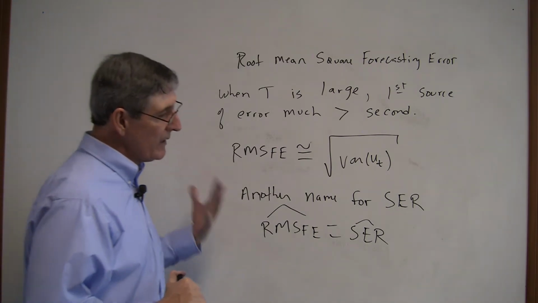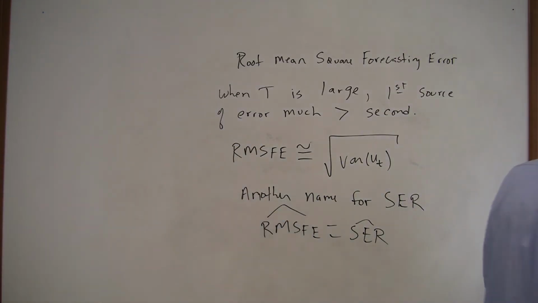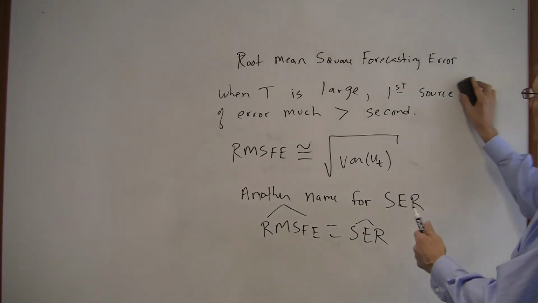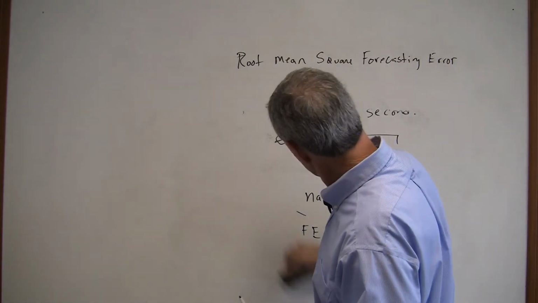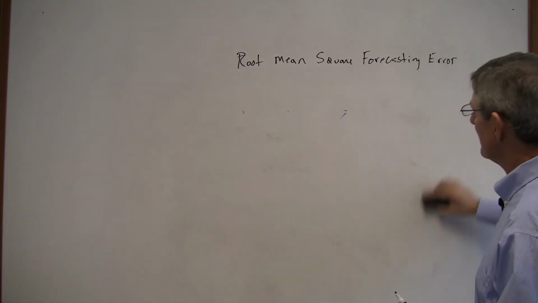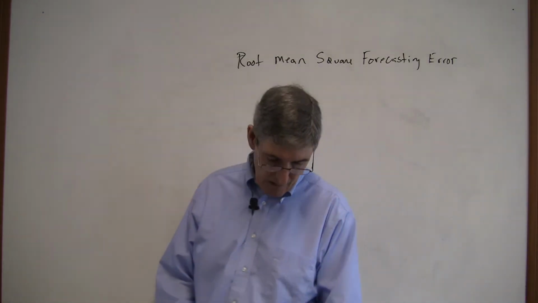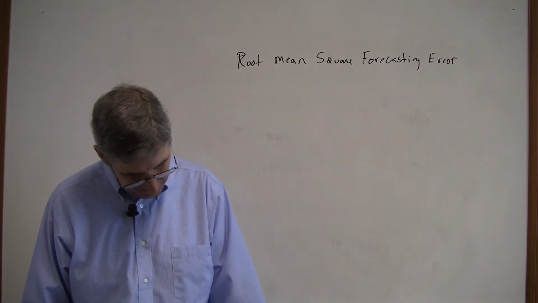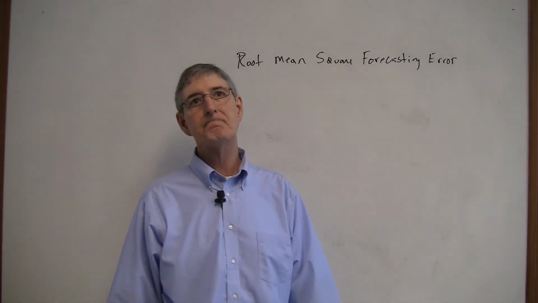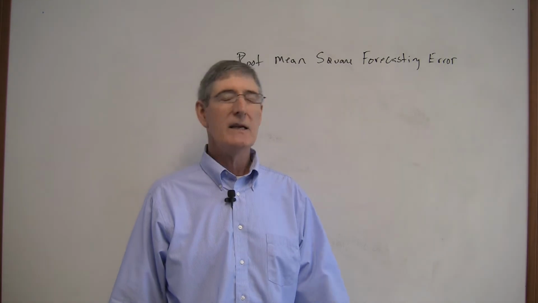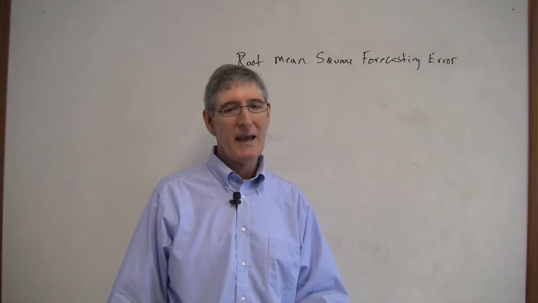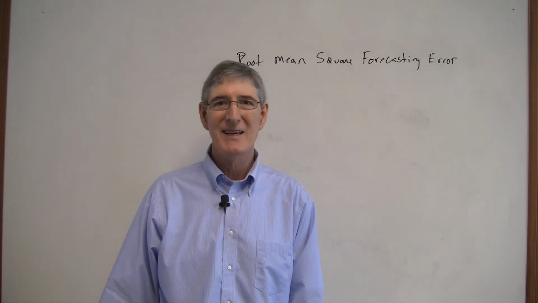So when t is large, it's really easy. You can get this root mean square right off the printout from whatever regression you're doing in the usual way. Now, as we'll talk about later, in time series it's often the case that you can't justify a large t.